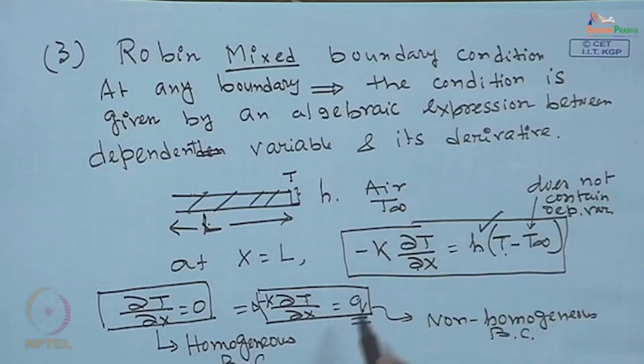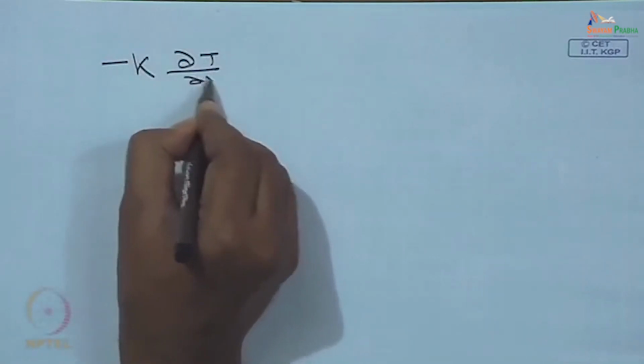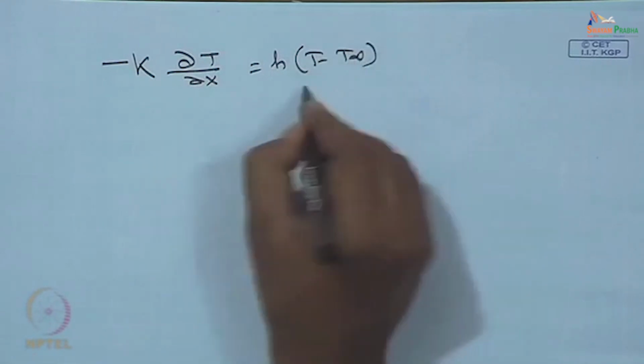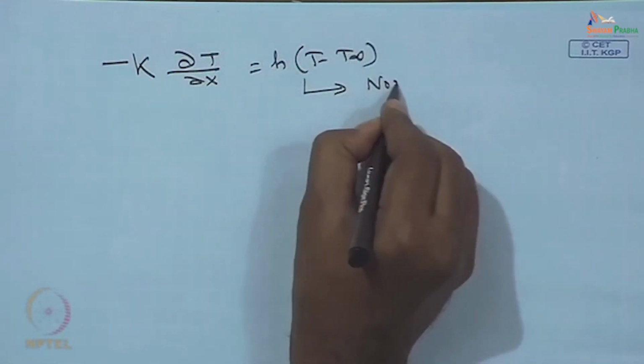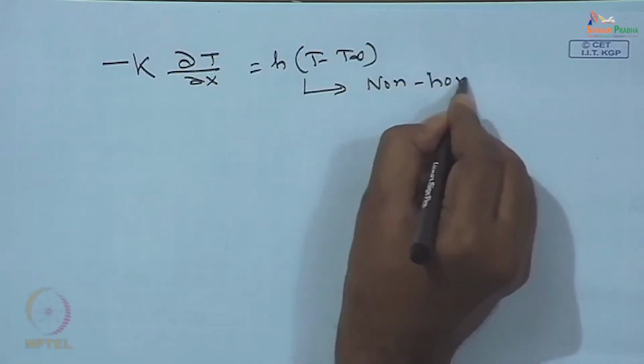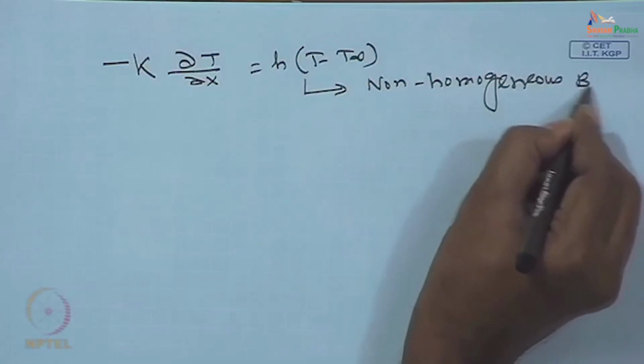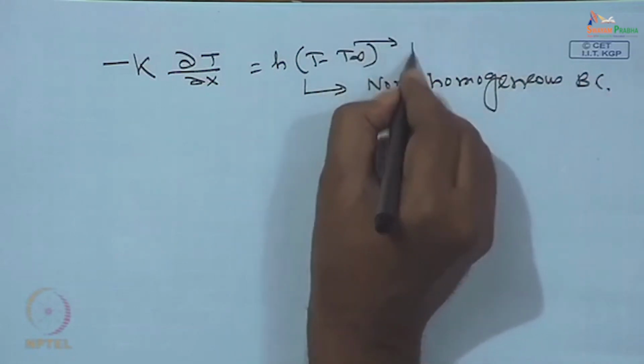On the other hand, we can make the non-homogeneous boundary condition homogeneous. Minus k del T del x is equal to h into T minus T infinity. So, this is a non-homogeneous boundary condition, and this is the non-homogeneous term.